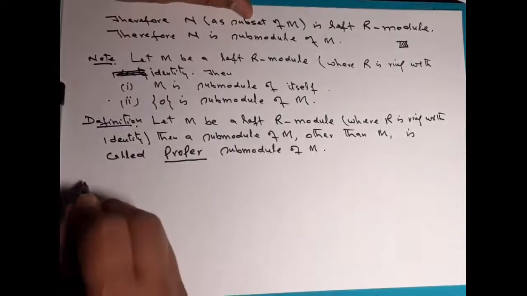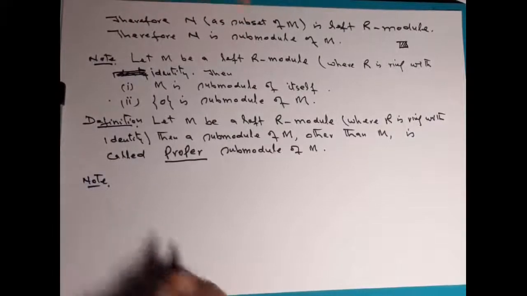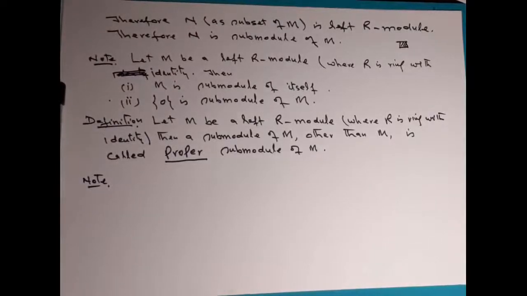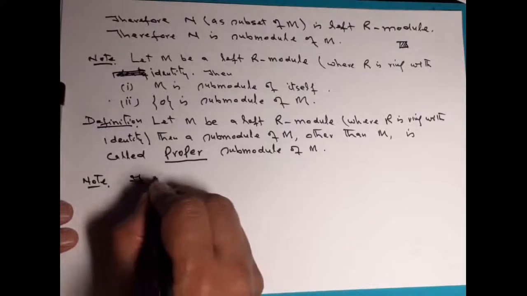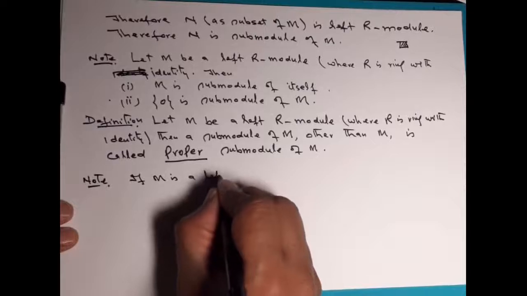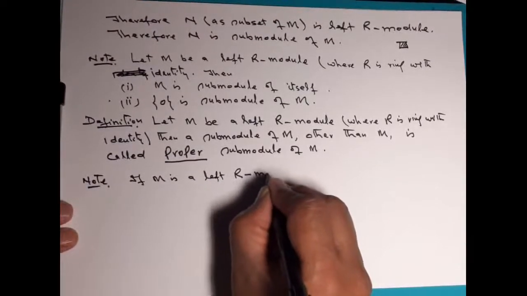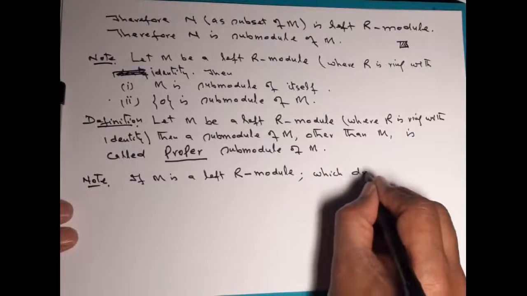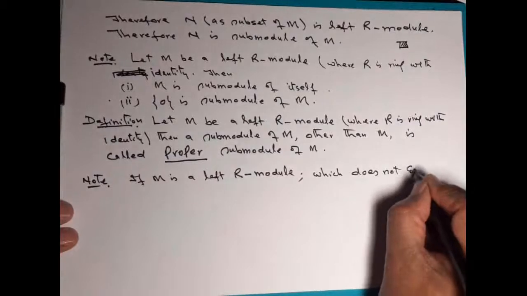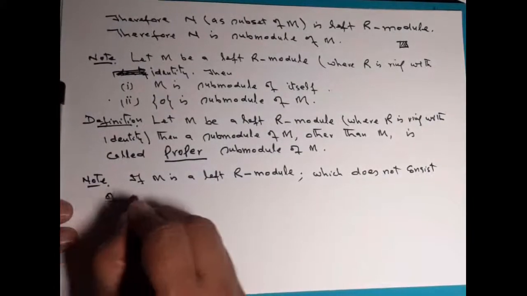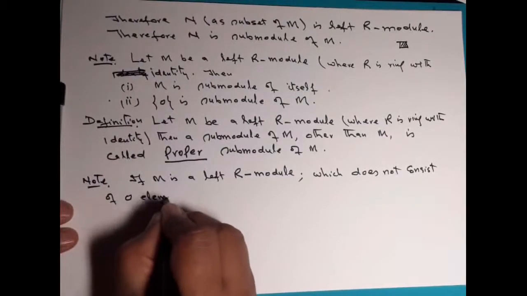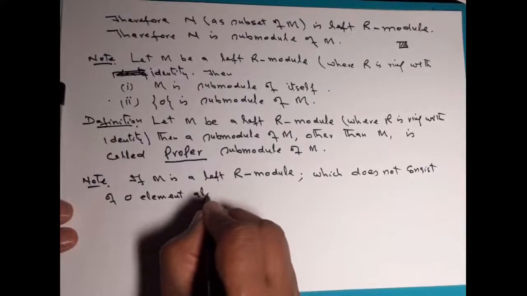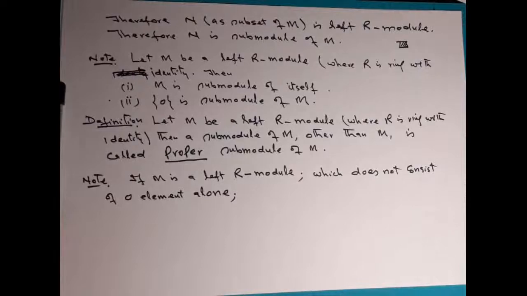Let's note one small thing: if M is a left R module which does not consist of the zero element alone, which contains more than one element, the zero element is always there and then other elements are there as well.